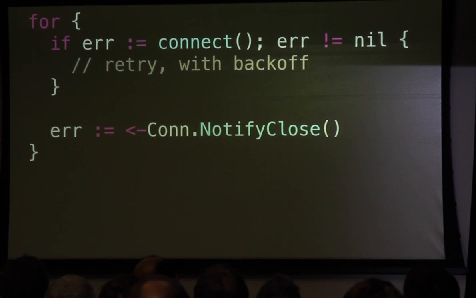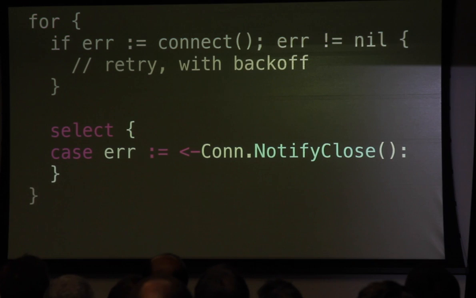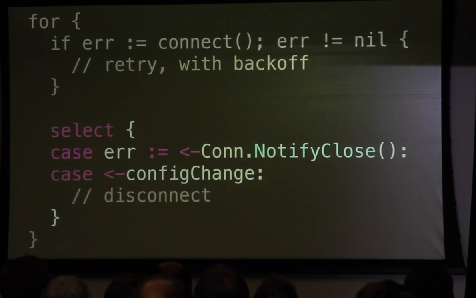That works quite well, but we might want slightly different semantics around this. We might not just want to block on being disconnected. For example, if our configuration changes, we might want to reinitialize our client. So if we pop that in a select, we could then have some kind of configuration change. We're going to connect.